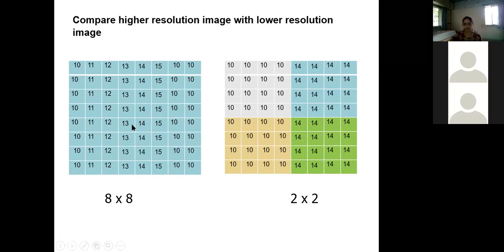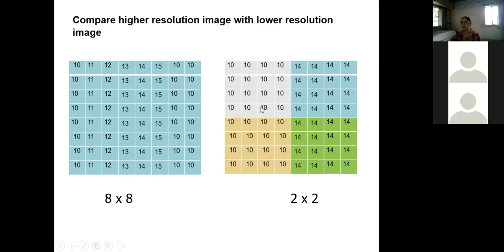Ma'am, the 8 by 8 will be more precise because it has more range of gray values. Yes, correct. So you will get a more precise result, or you can capture all the details. Intermediate details are captured because this is captured using greater resolution, and this image is captured using low resolution.